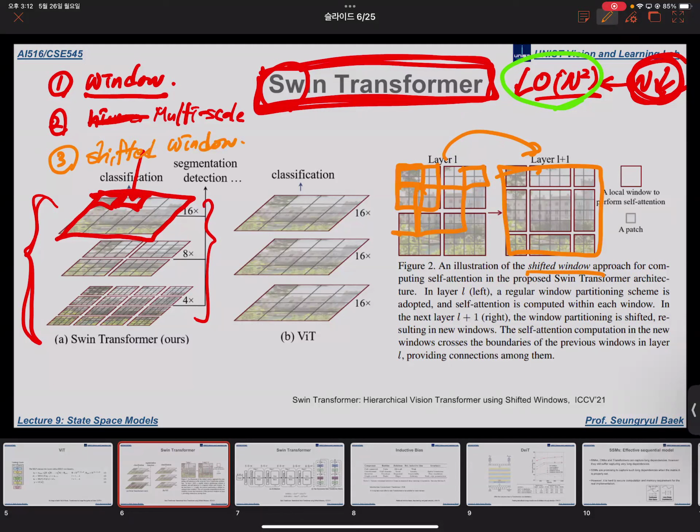And the authors are insisting that this kind of shifted window can be helpful for propagating some of the information, for example, here to the pixels in the far windows, okay? So using this kind of shifted window scheme, spanning multiple layers, they can propagate some of the information accumulated in this window to different windows, okay? Are you guys following this?